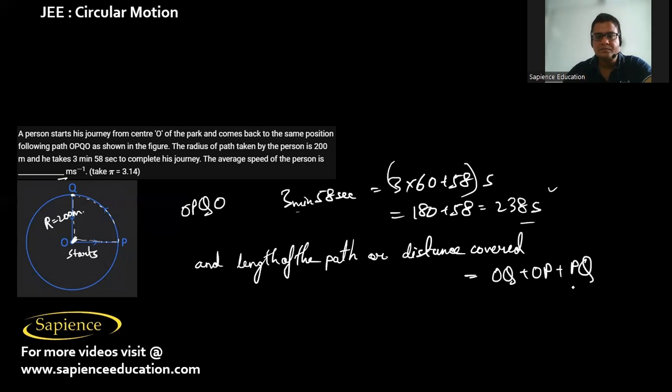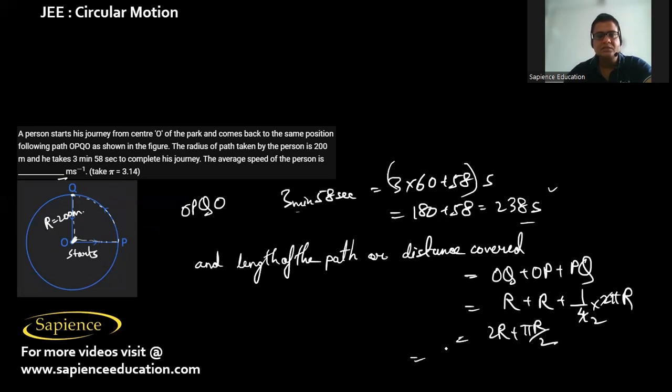OQ length will be R, OP length also will be R, plus PQ length, that will be equal to, it is a 1/4 circle, so 1 by 4 into 2 pi R. So this is pi R by 2. So this is 2R plus pi R by 2.